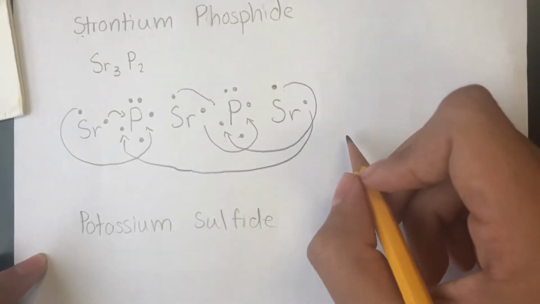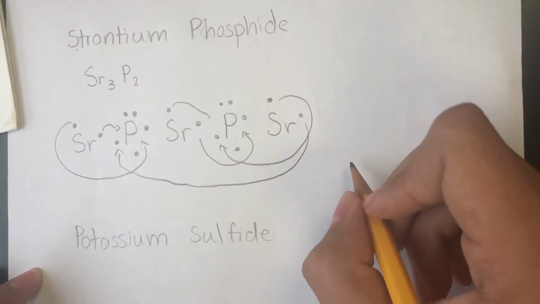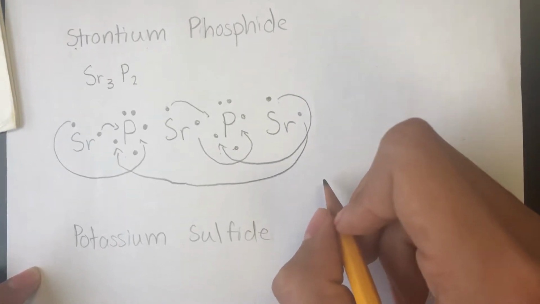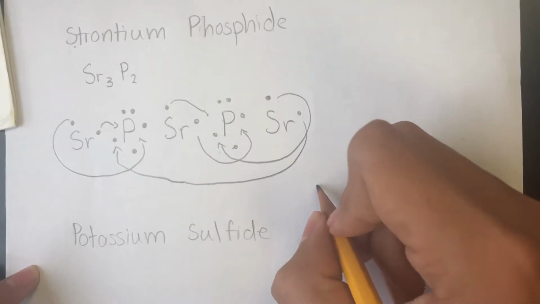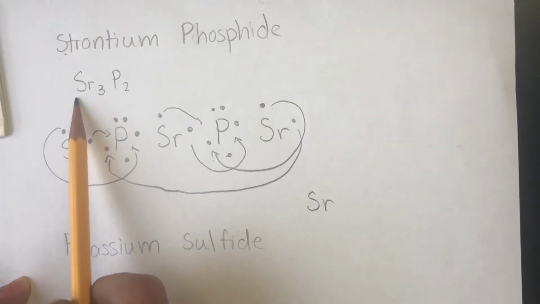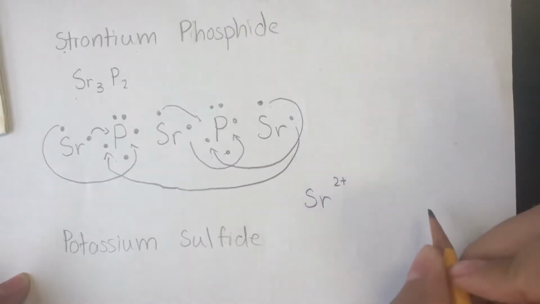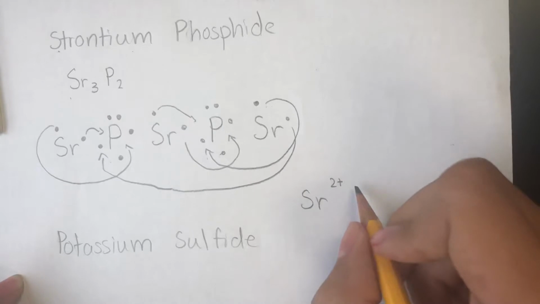So now we're going to draw it as an Ionic Lewis dot structure. So the next step would be putting Sr, which is the cation because it's going first, with 2 plus because it's giving away 2 valence electrons.